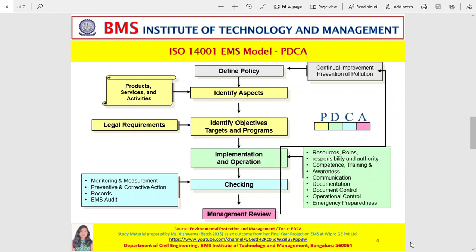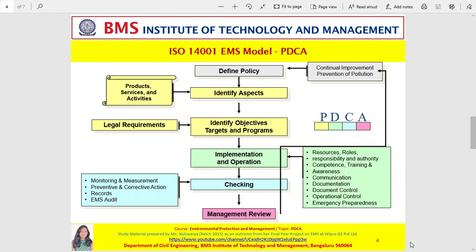Now let's talk about some of the barriers of EMS. Since EMS is a relatively new tool and not many people are completely aware of what exactly it is, there is the fear of the unknown. Also, certain organizations may lack the resources, be it monetary or other resources which are essential to implement an EMS.